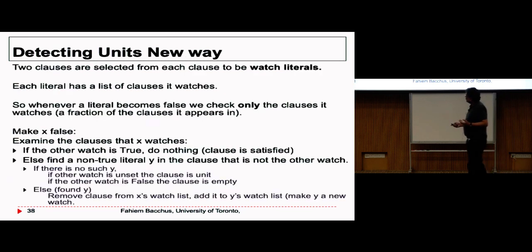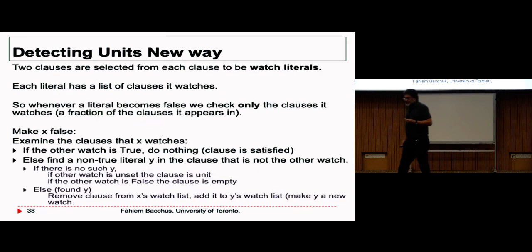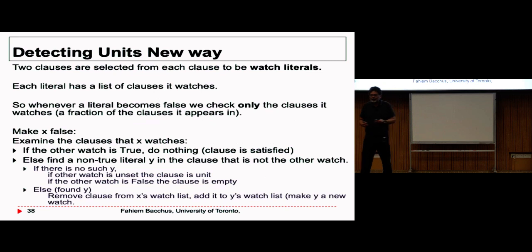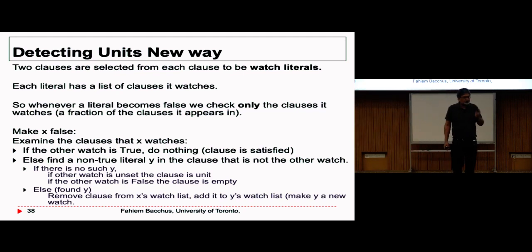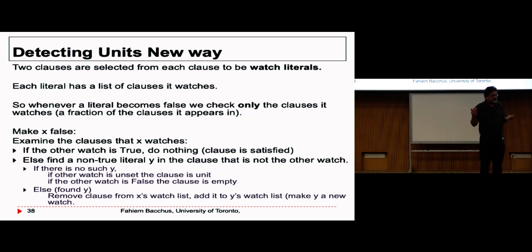So that's painful. So instead, the technique that was part of why SAT solvers became so efficient was this watched literal idea. And what you do in that case is you simply select 2 literals from every clause, and those are the watch literals for that clause. So every literal now has a list of clauses that it watches, which is a subset of the clauses it appears in.